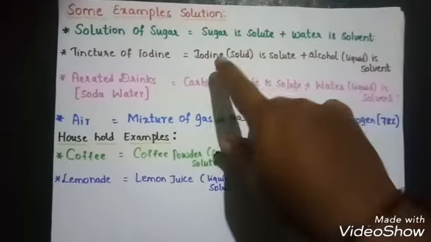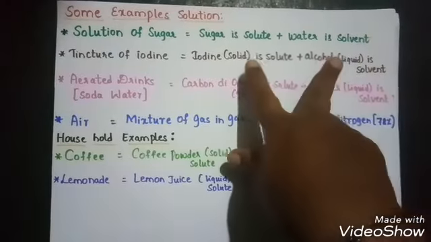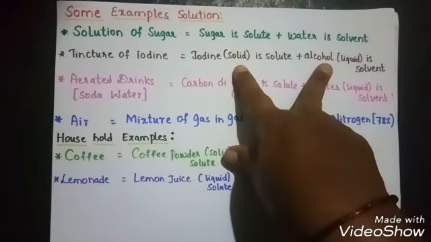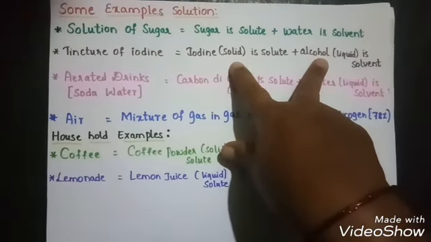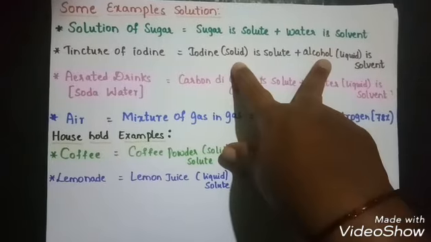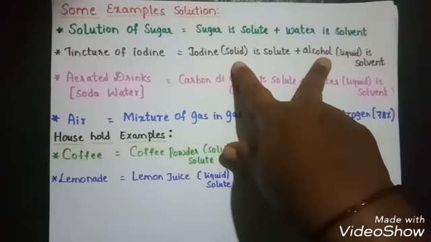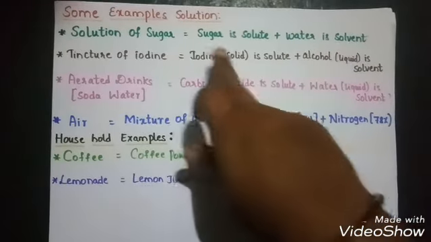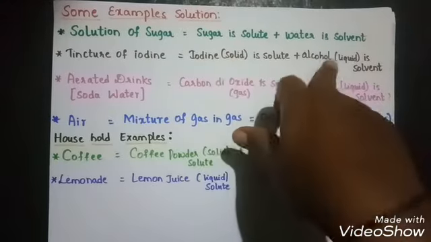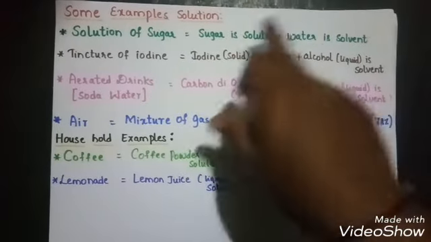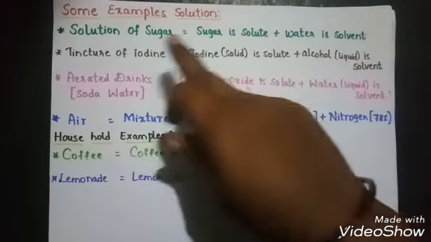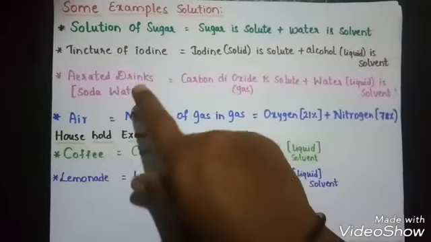Here you can observe solid and liquid. A solution is a mixture of two components, and the two components can be solid, liquid or gases. Tincture is formed by adding iodine and liquid alcohol, so solid plus liquid also forms a solution.